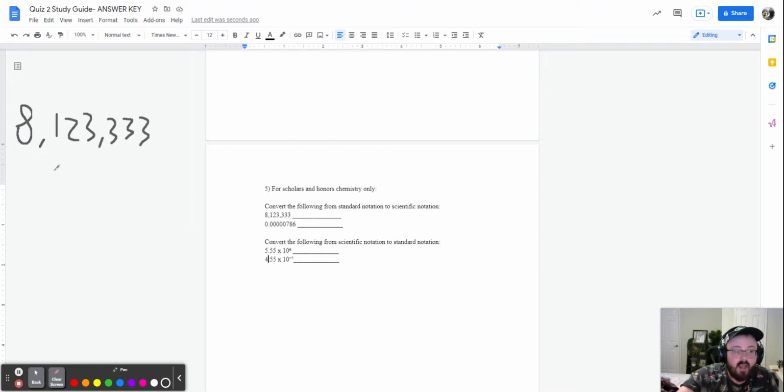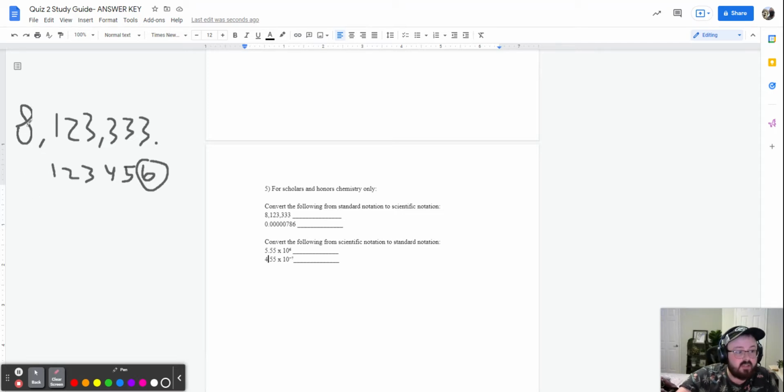First we count how many digits there are from the first digit to the decimal place. There's a decimal place right here. I don't show it, but it is there. So we have 1, 2, 3, 4, 5, 6. We have 6 digits after that first 8.